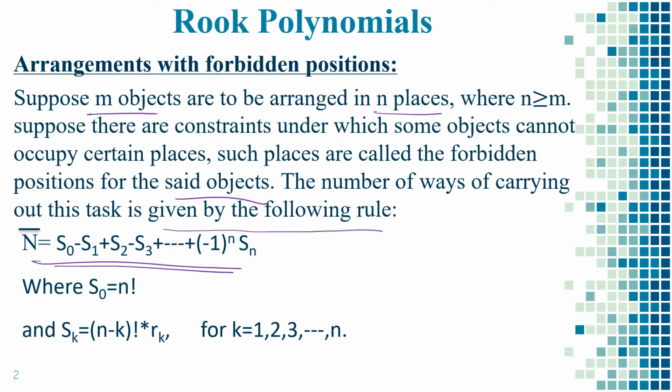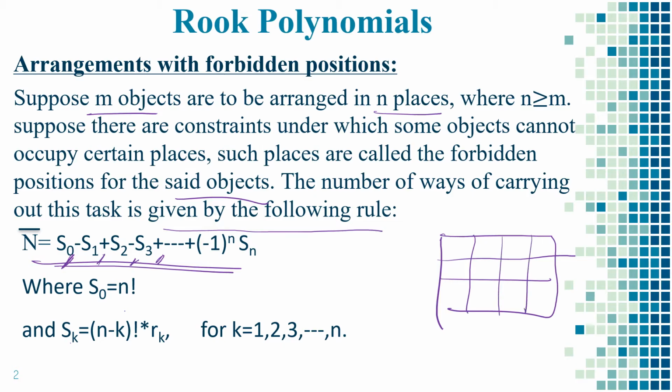So this is the rule, and here S0 is calculated as n factorial and Sk is nothing but each one of the S1, S2 and S3. So if you consider the board, here the number of objects can be taken as rows and number of places can be taken as the columns, and here number of places is the n value.